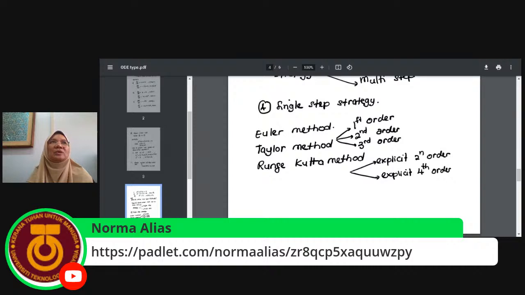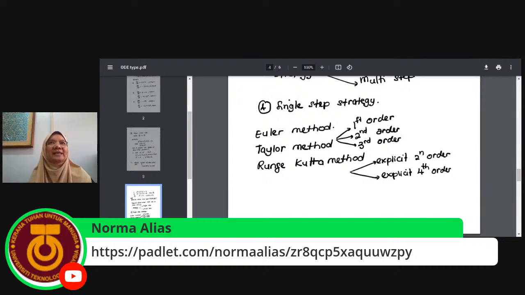So in this case, what is explicit and implicit? I'm waiting for your answer. I gave you some examples already. Try to relate what you learned in chapter 2 about solving the linear system of equations using Jacobi and Gauss-Seidel.